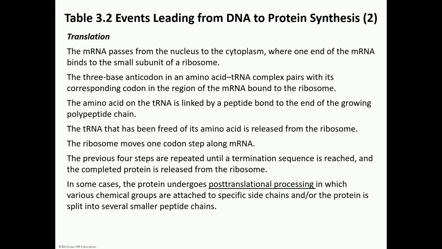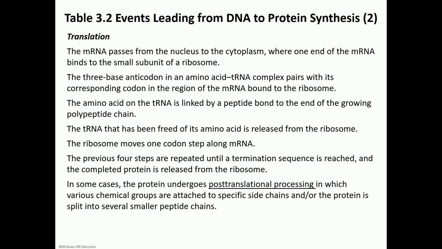Now the second stage is translation, where the messenger RNA goes from the nucleus through the nuclear pore into the cytosol. It binds to a ribosome, which is your ribosomal RNA. And then the transfer RNA will read the codes on the messenger RNA.